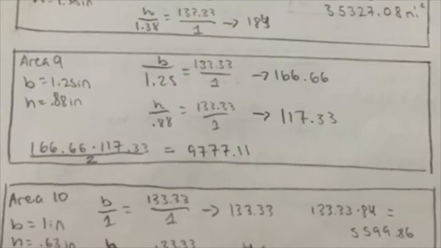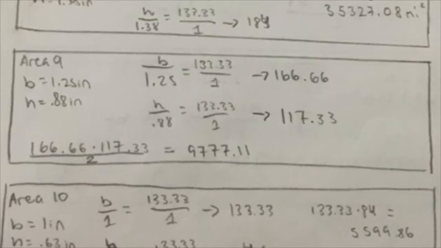Alright, so to find the area of shape 9, which was a triangle, we began by measuring the height of the triangle on the map and got 0.88 inches. And then we measured the base and got 1.25 inches. With our measurements, we then set up our proportions. For the height, we set it up as height over 0.88 inches is equal to 133.33 miles over 1, and we cross-multiplied our proportion and got 117.33. Then for our base proportion, we did the same thing over again, base over 1.25 inches is equal to 133.33 miles over 1.